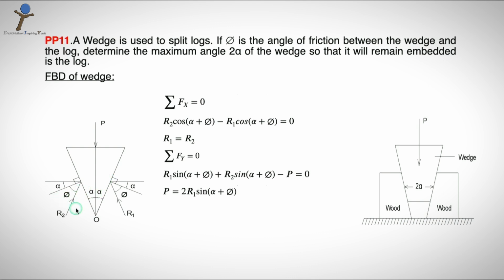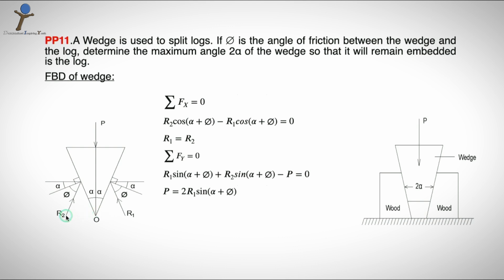Then comes your R2, the similar thing, which is the total reaction force of N2 and mu N2, which is acting in the upward direction. This R2 is acting at an angle of phi with N2 and an angle of alpha with the horizontal. Now, knowing these forces, that means R2, R1 and P, resolve these forces to the x-axis and y-axis and then apply the equilibrium equations.